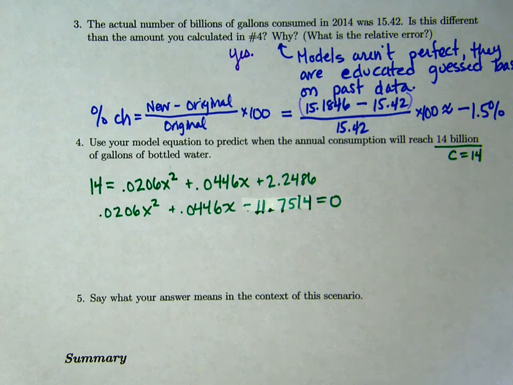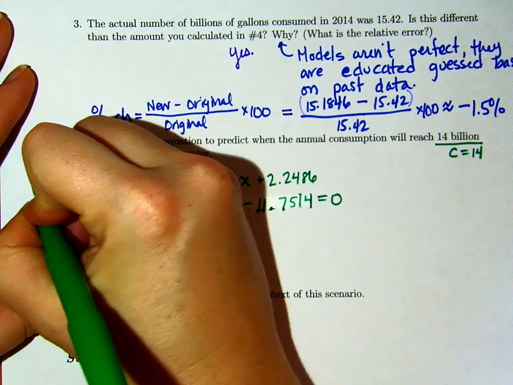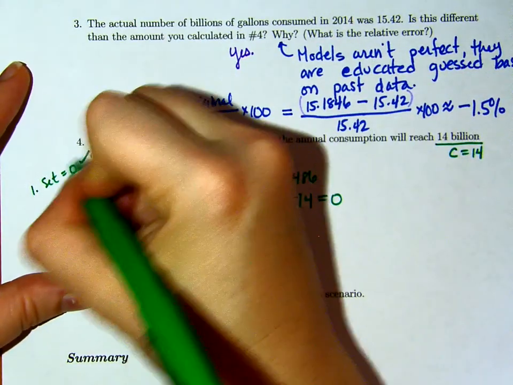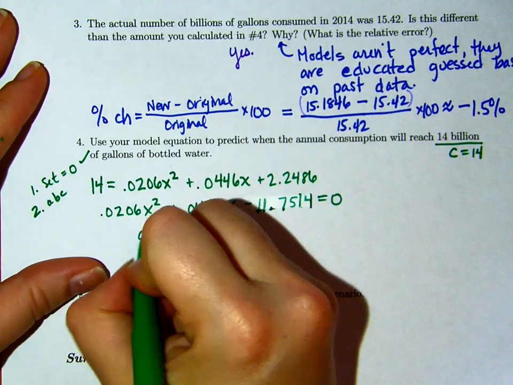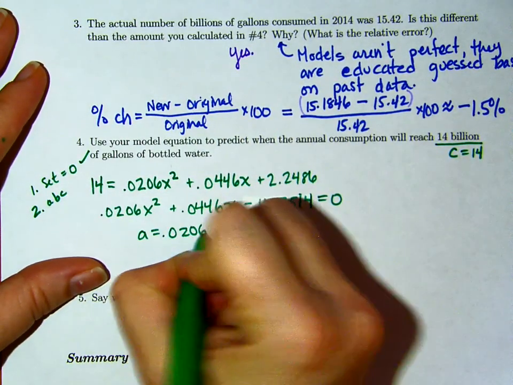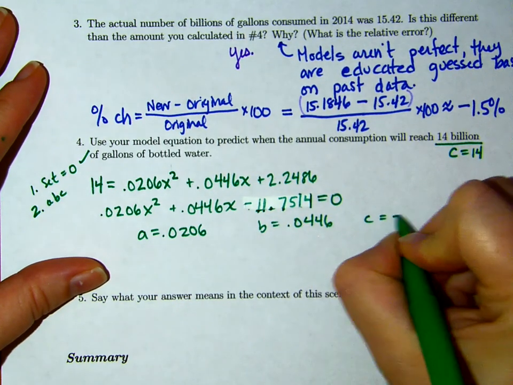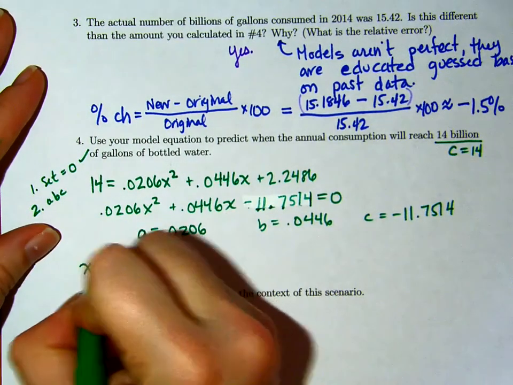Step 1, set to 0. Step 2, ABC. So step 1, check. Step 2, ABC. Here, A is 0.0206, B is 0.0446, C is negative 11.7514, and now it's formula time.